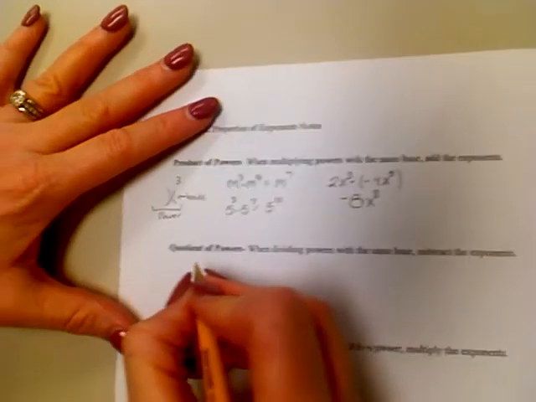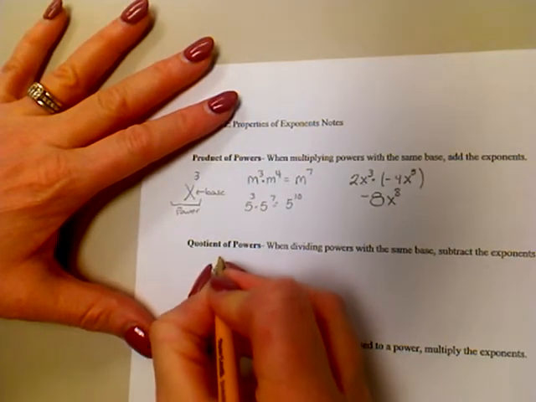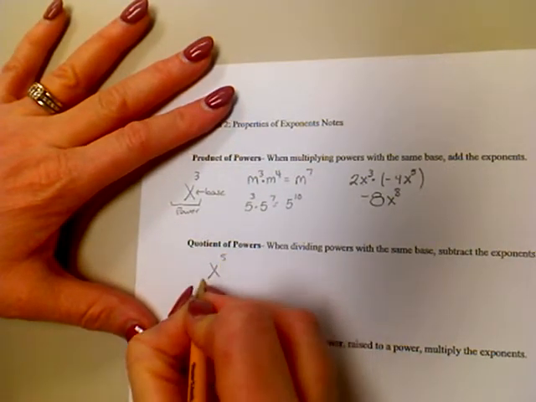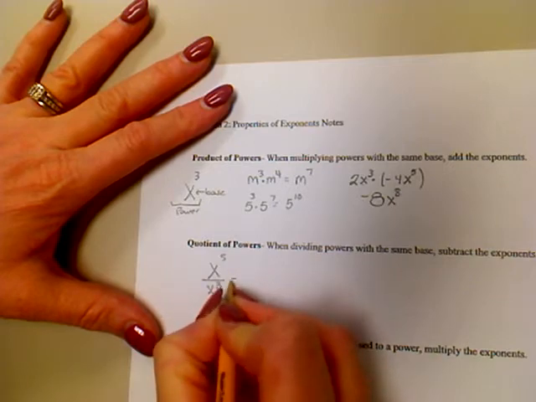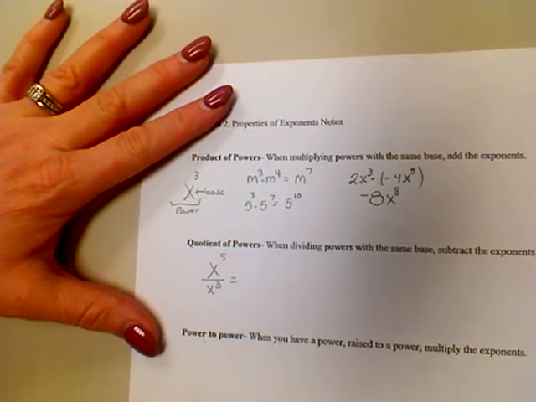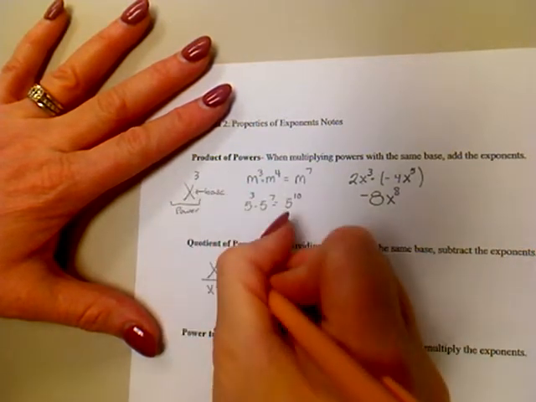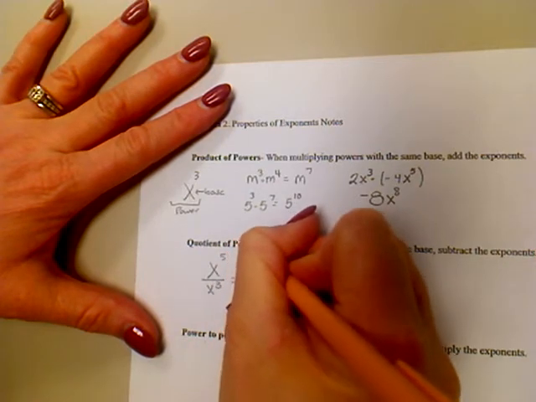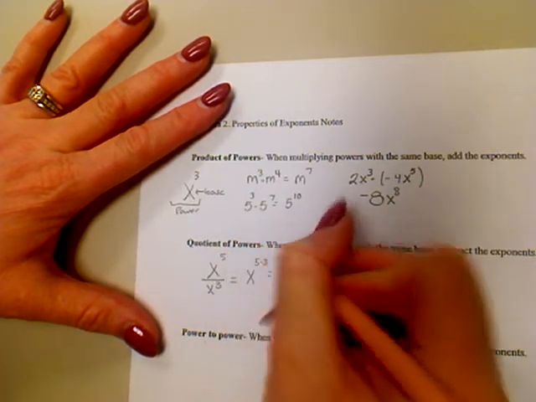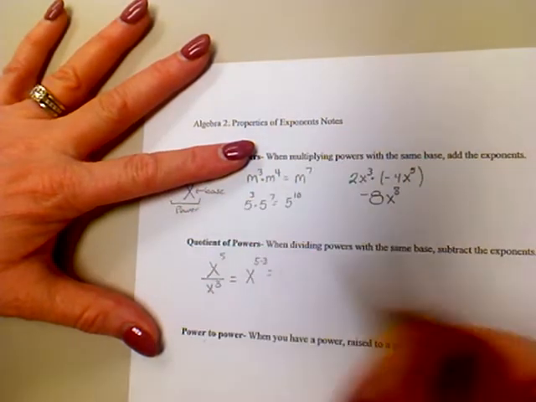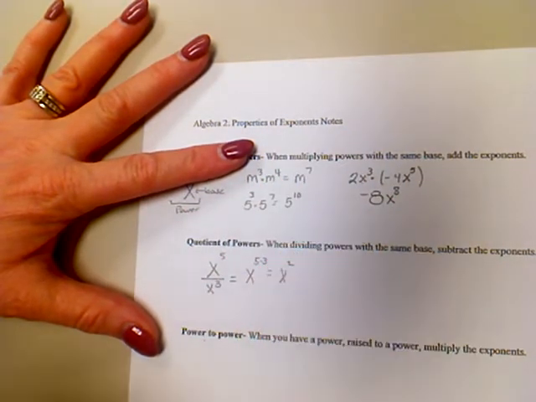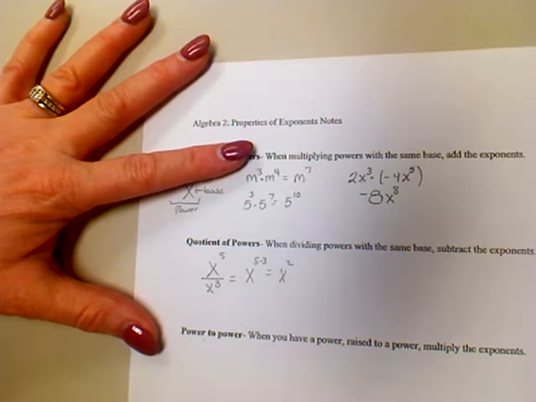So if I do something simply, x to the fifth divided by x to the third, I just subtract these exponents. So this becomes x to the 5 minus 3, which equals x squared. Now the problem that we ran into on the test was this one, and I don't remember the exact numbers.